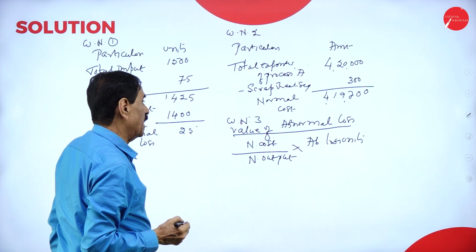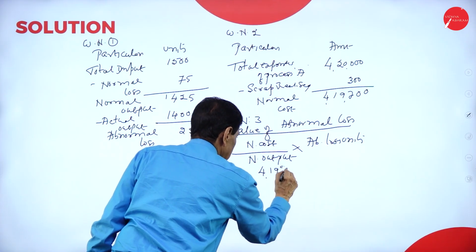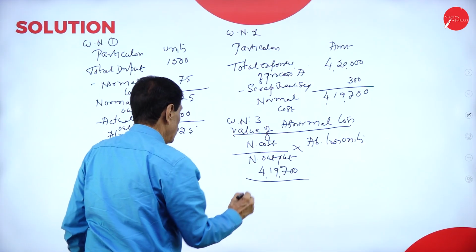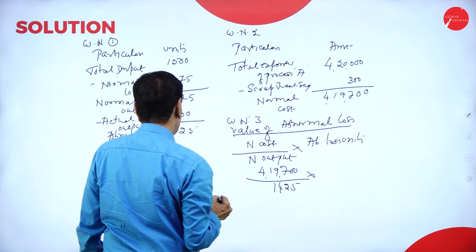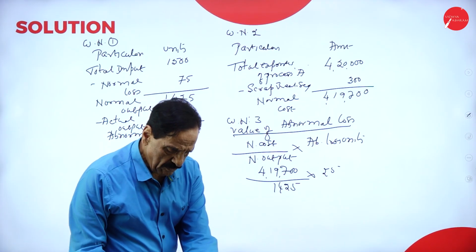What's your normal cost? 4,19,700 divided by normal output 1425. Your loss is 25. Find out the value.